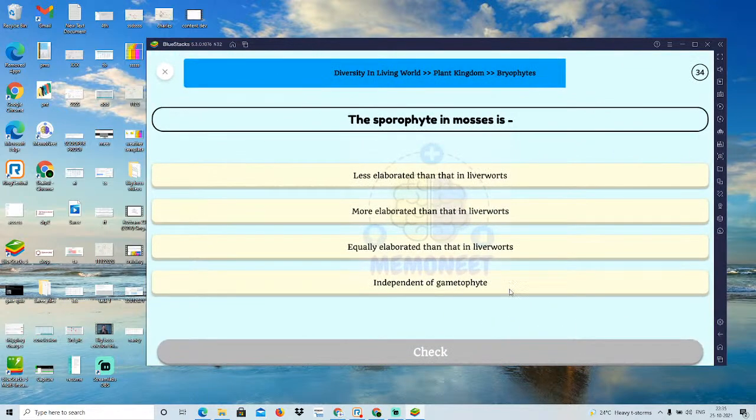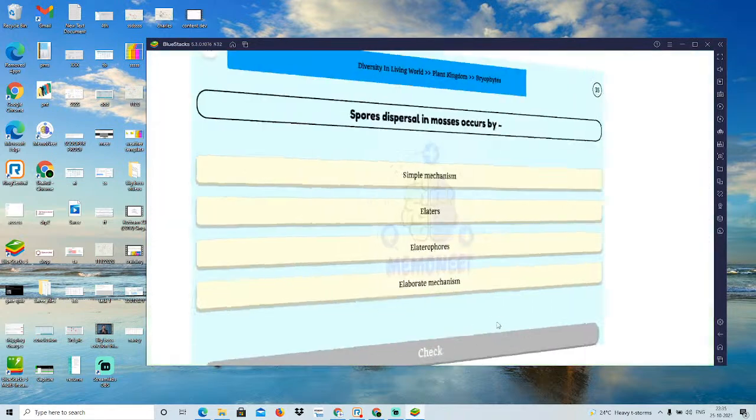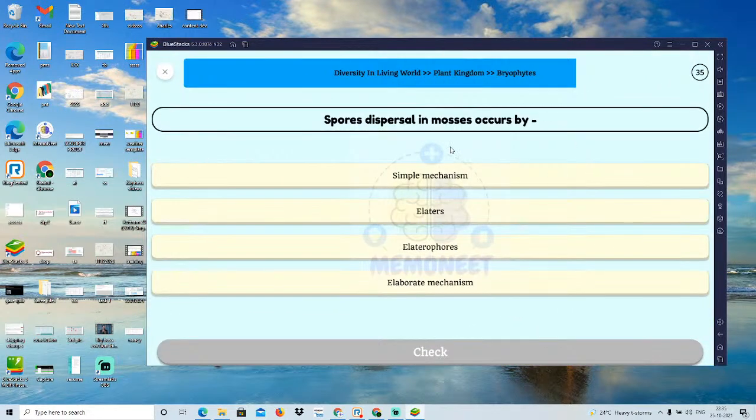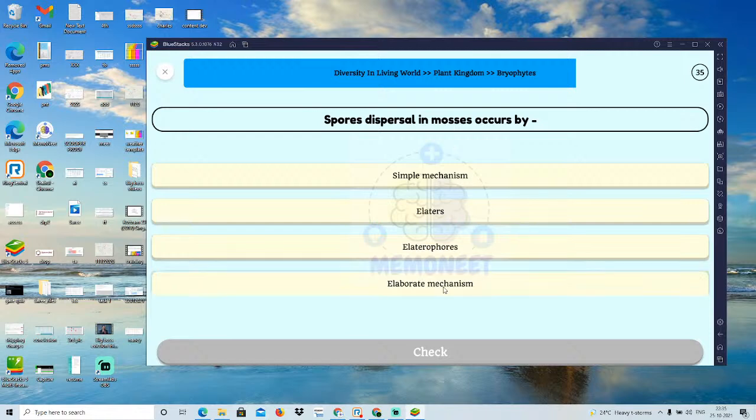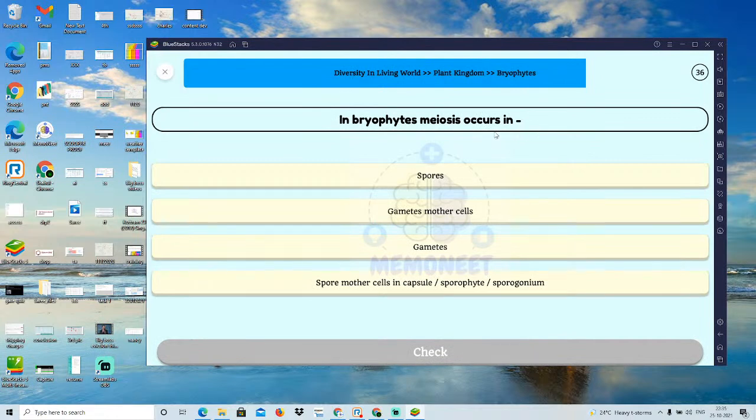And the sporophyte in mosses is more elaborate than that in liverworts. We read that exactly. Spore dispersal in mosses occurs by an elaborate mechanism which is not explained in the book. So in bryophytes, meiosis occurs in the capsule, right?